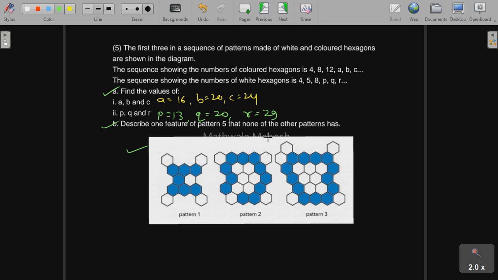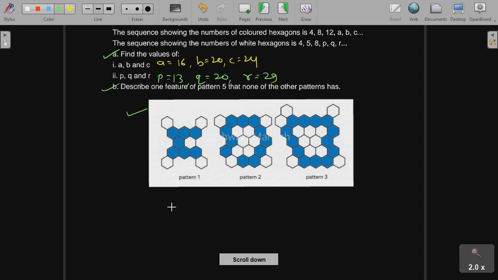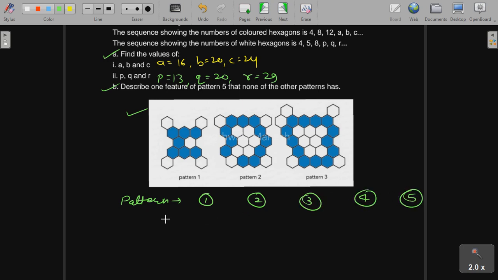Moving to B, describe one feature of pattern 5 that none of the other patterns has. Okay, pattern 5. For this one, we have to look at patterns 1, 2, 3, 4, and 5.